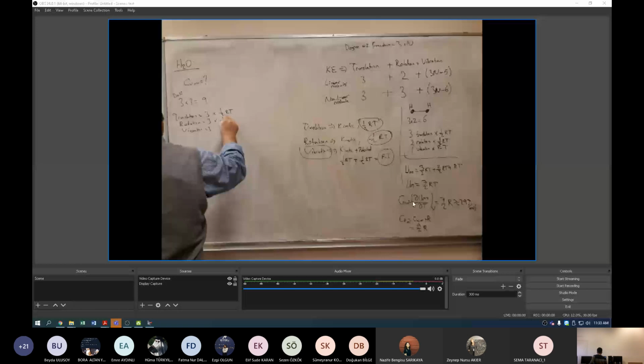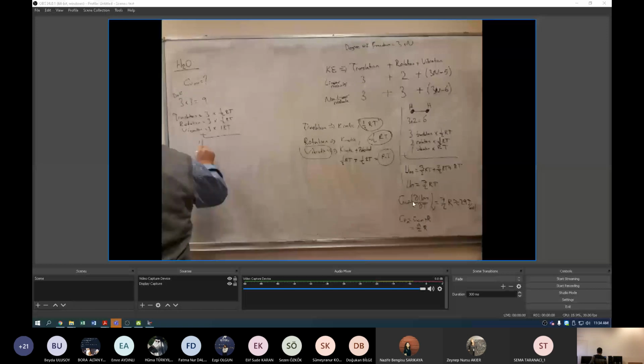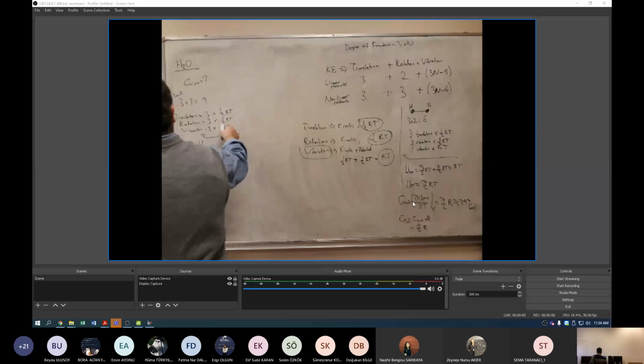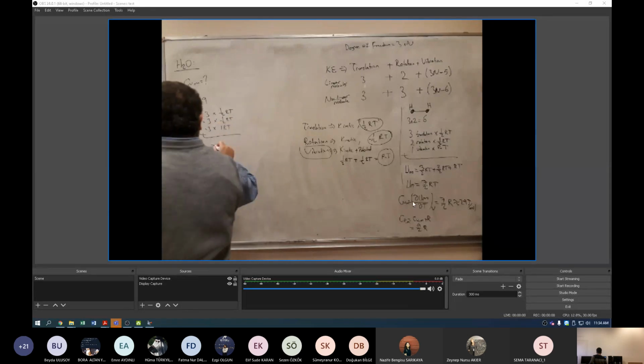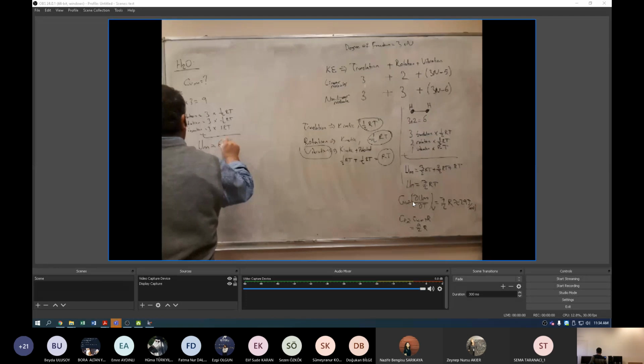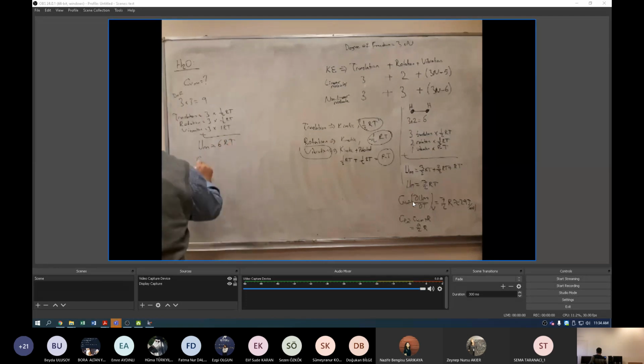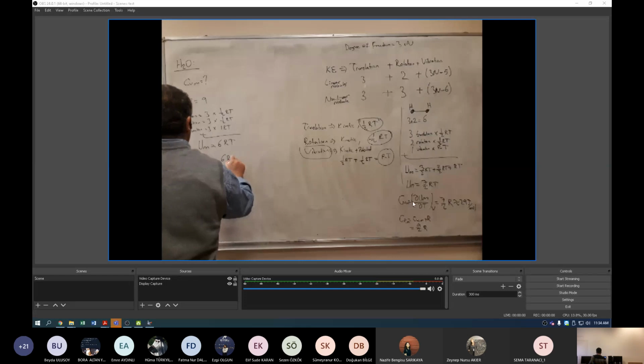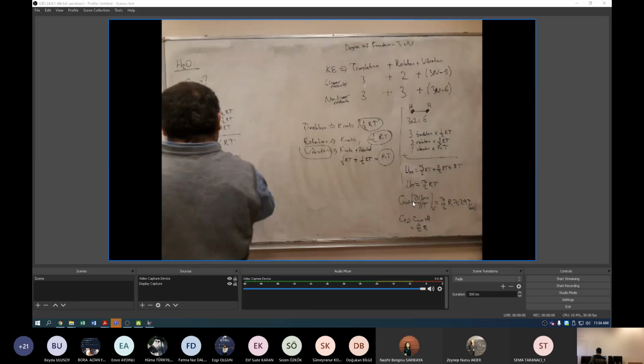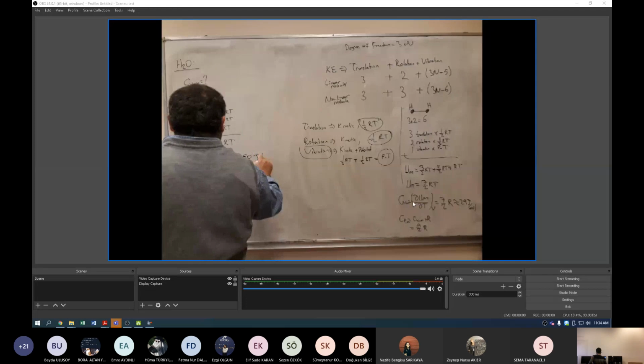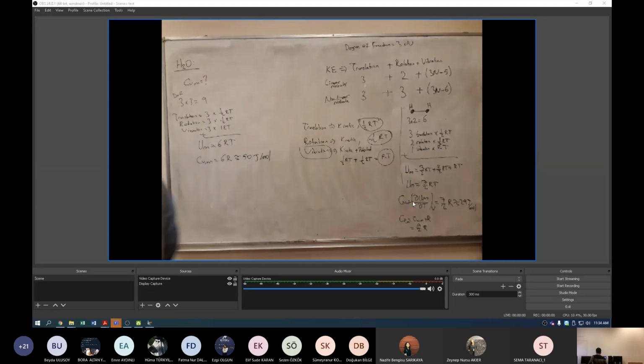Okay, total will make 6 RT, and CV 6R, nearly 50 joules per mole.